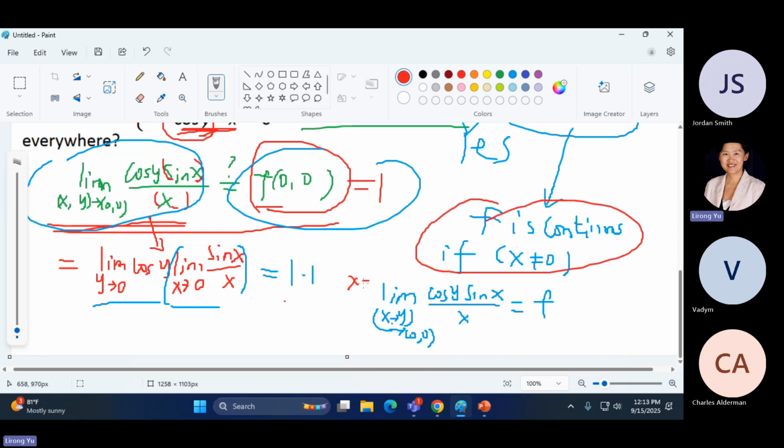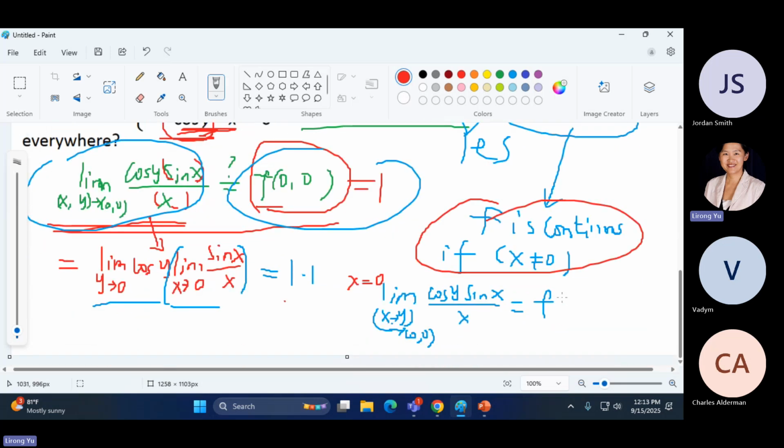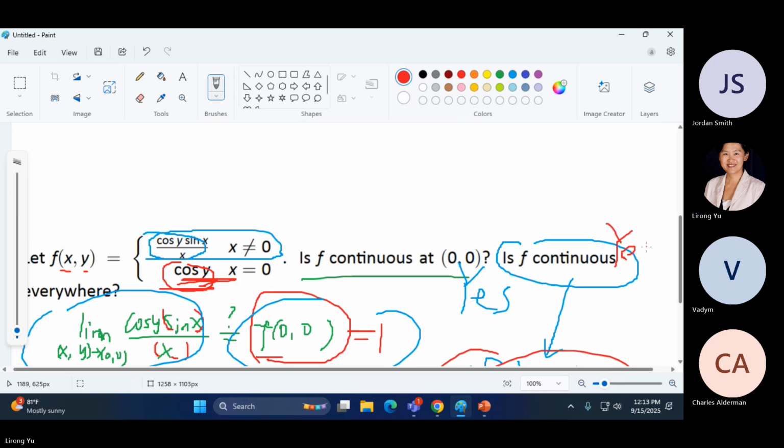For the second part, if x equals 0, the function follows the second formula, so f(0, y) follows cosine y. We want to know if these two are the same. It turns out you can factor the cosine y outside, then sine x over x as x approaches 0 is 1. So it is cosine y. The left side has the limit cosine y, and the right side has the function value cosine y. They're equal, so the answer is yes. This means the defined function is continuous at (0, 0).